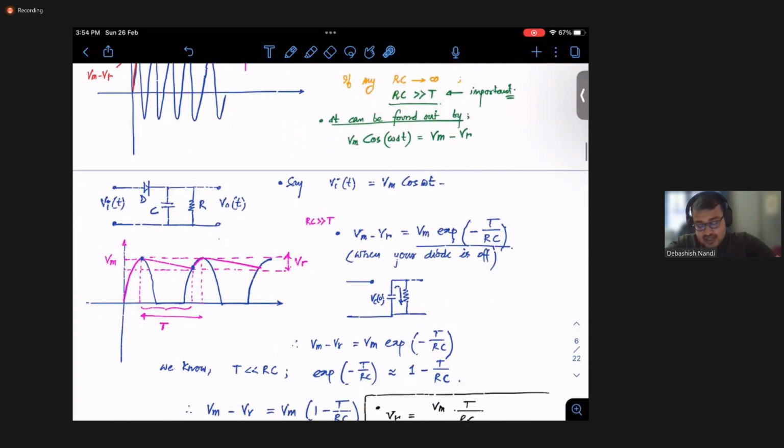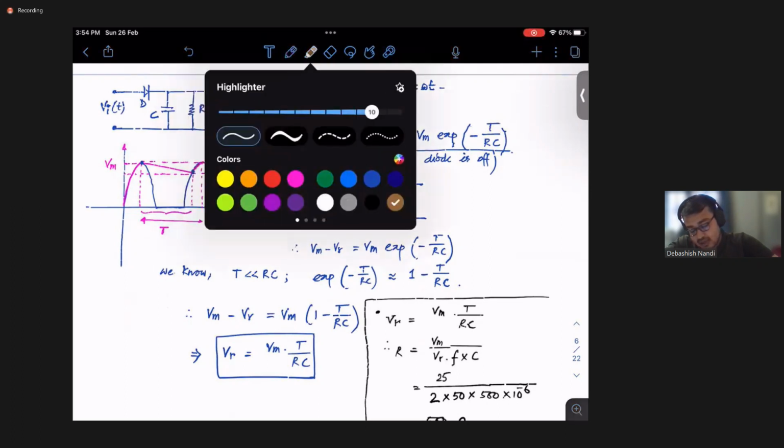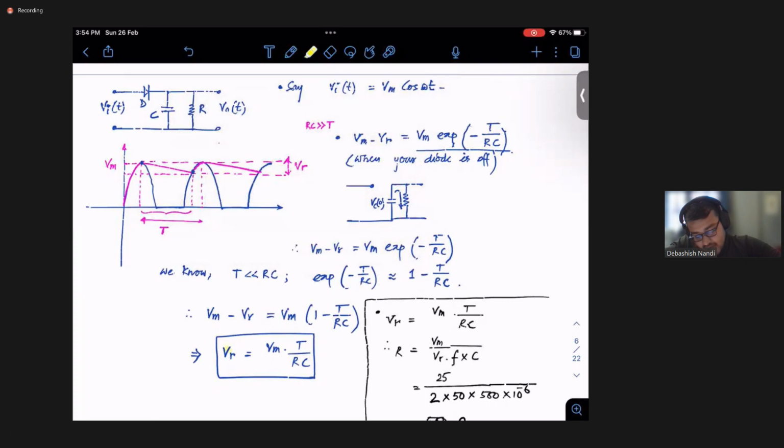Then we analyzed the ripple voltage condition and how it depends on frequency. We can see that it depends on my VR, VR depends on my VM, and obviously the frequency of the signal. The time period is nothing but 1 by frequency, and my RC time constant, right?